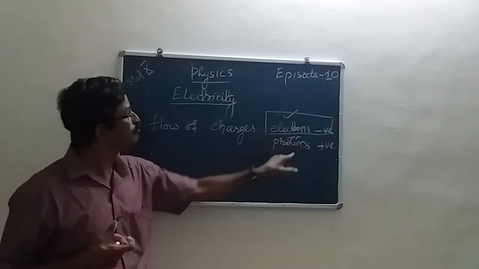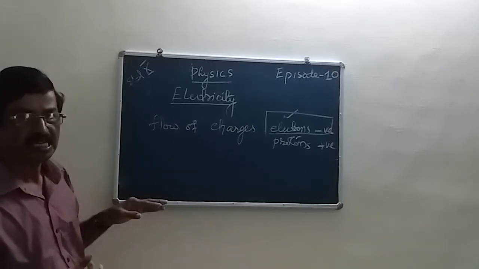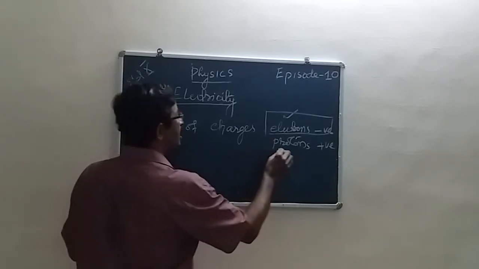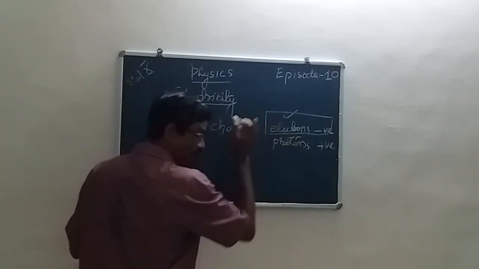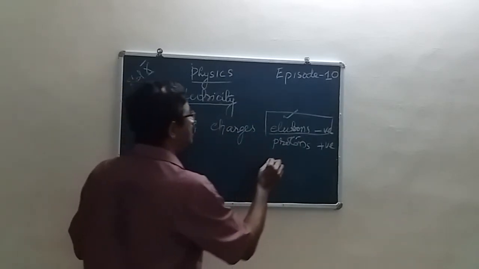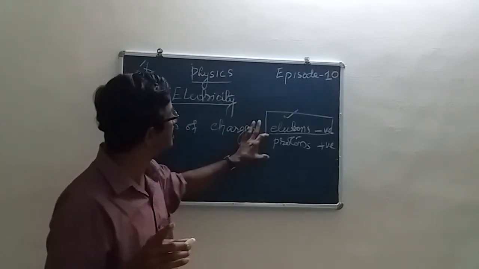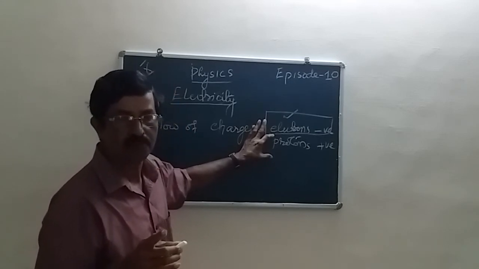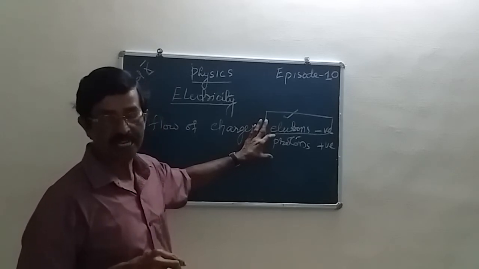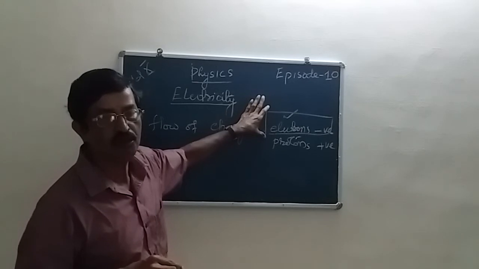So the flow of positive charge they considered as the electric current. Hence, we took the direction of current as the direction of flow of positive charge, because at that time when they discovered electricity, they did not know about electrons with a negative charge.